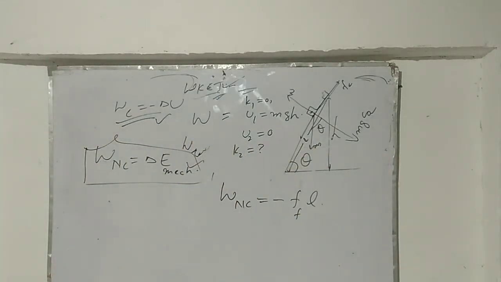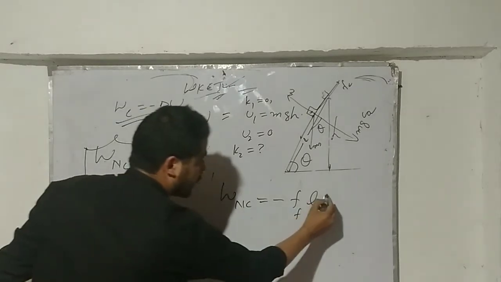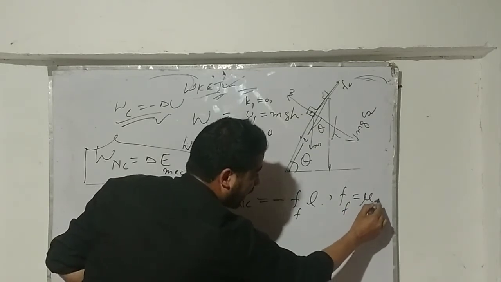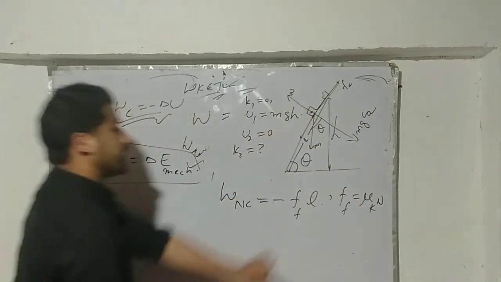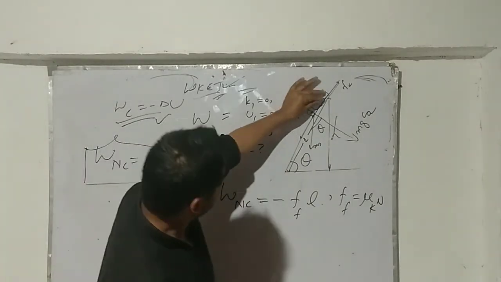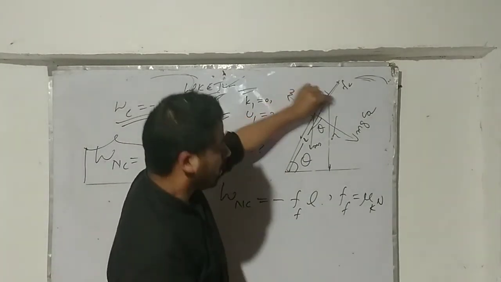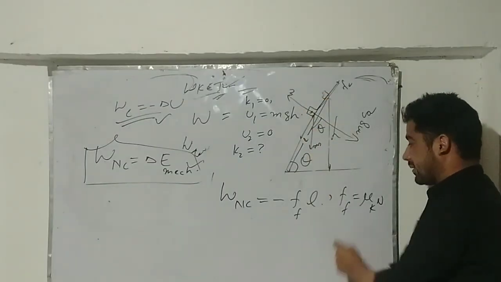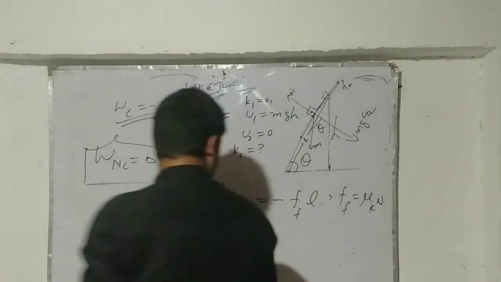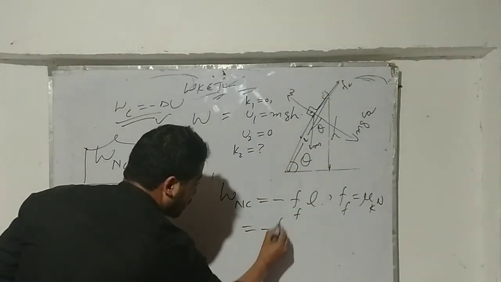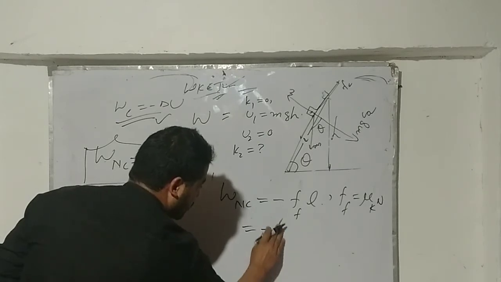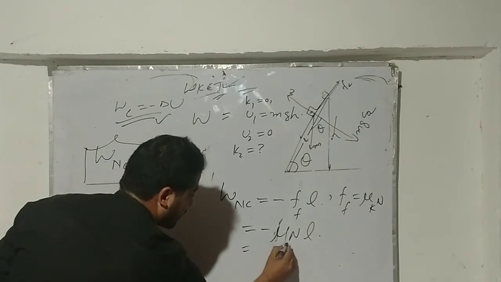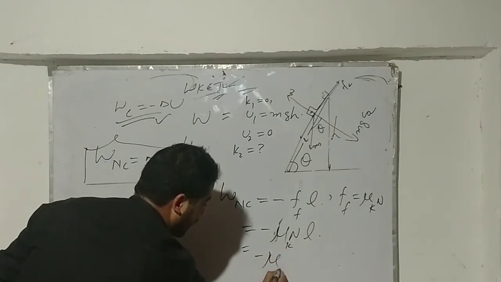Here, if I use the definition of frictional force, it will be mu k N. It is not the static friction, because when the block is released from this position, static friction is not able to hold the block at this position. It is kinetic friction that takes part here. So the work done will be minus mu k N L, where mu k is the coefficient of kinetic friction.